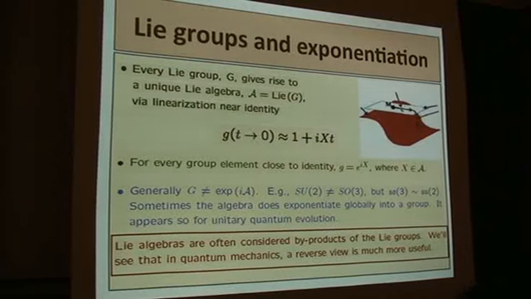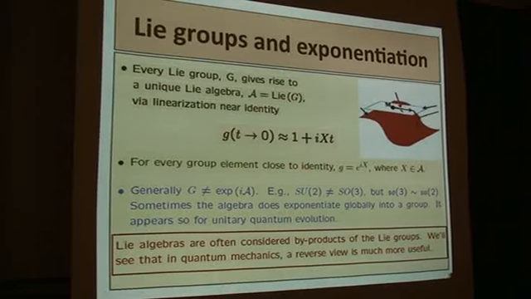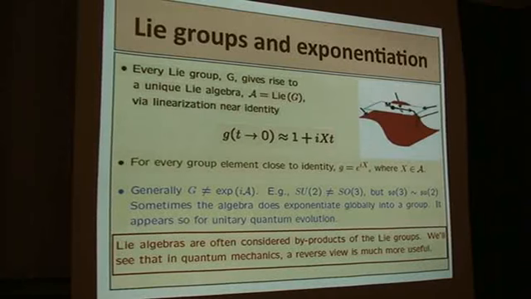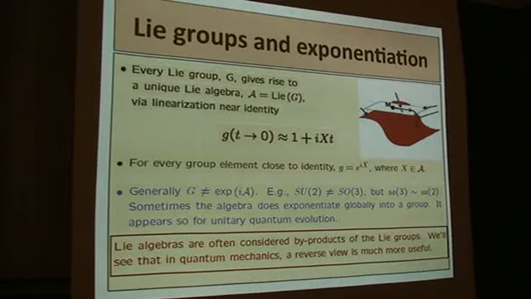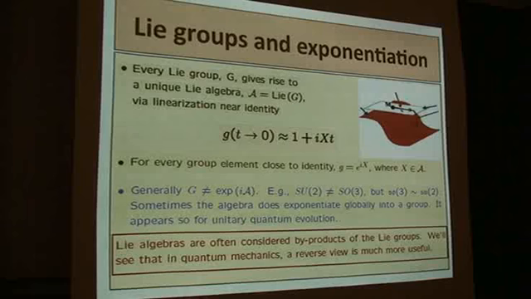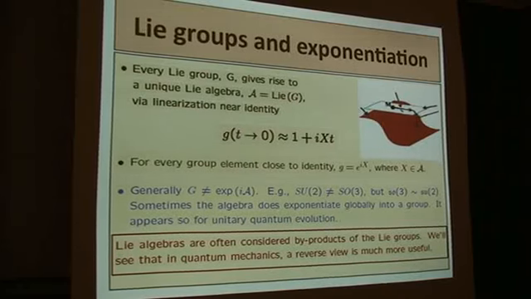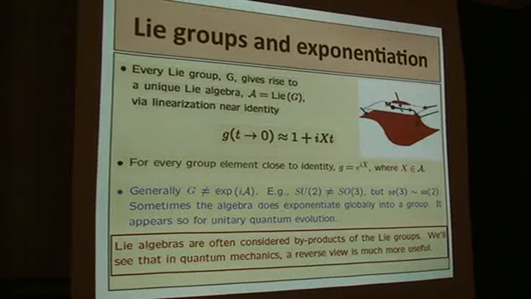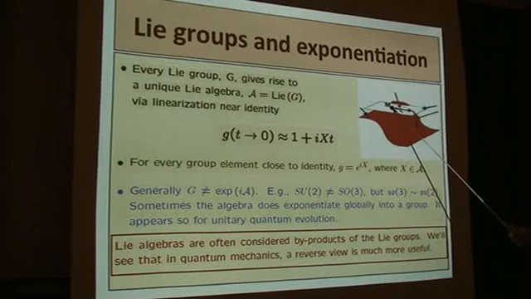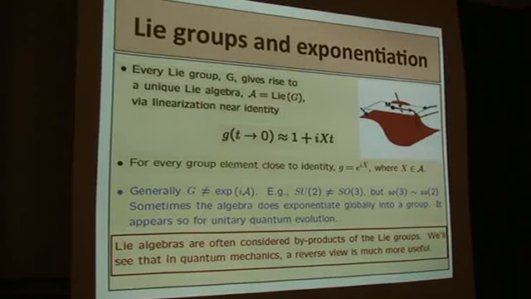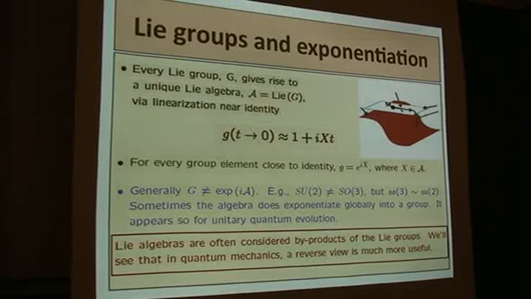Okay. Now, the famous fact about Lie algebras and Lie groups is that essentially you may think about a symmetry group as a certain space, a certain manifold that you can visualize somehow. And the Lie algebra is basically a tangent space in the vicinity of the unity operation. So for any Lie group, we can identify a Lie algebra associated with it.